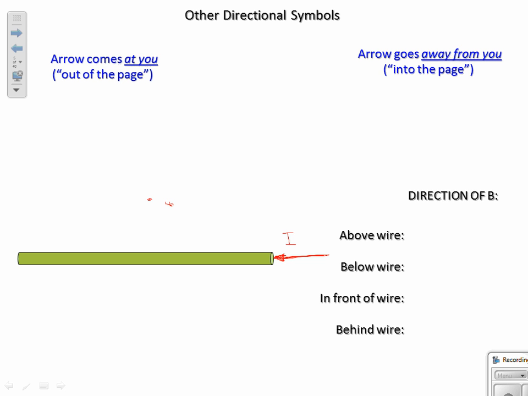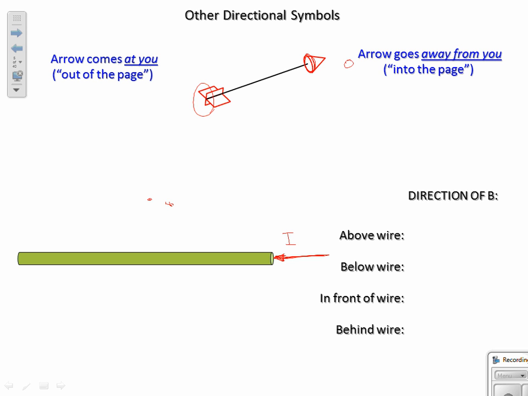Well, into the page, we use a symbol for that. And to do it, I think about this arrow, the arrow of physics. If this arrow was shot away from me, shot into the page, what I would see is the back of the arrowhead and the back of the fins.